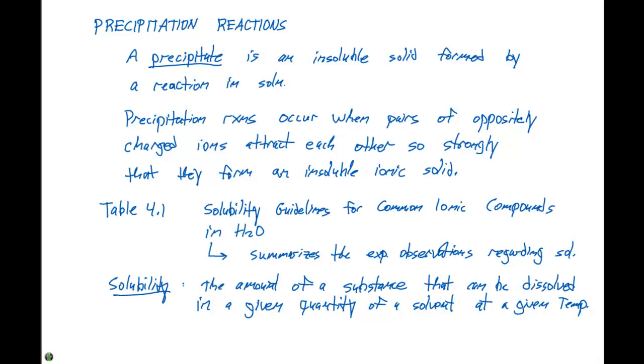And typically we standardize this temperature. If you look in the CRC Handbook of Chemistry and Physics, it's the amount in grams of a particular substance that dissolves in 100 milliliters of water at 25 degrees Celsius. So that's the standard that we're going to use when we set the baseline for solubility.